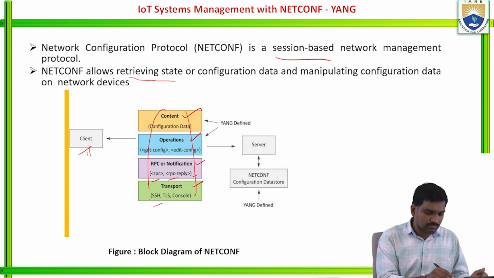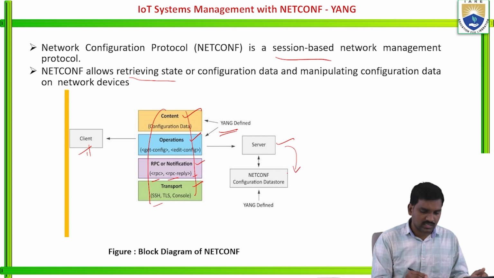These are the operations defined by YANG. Next is the server. From the server, it can connect to the network configuration data store. It is YANG defined. So this is the basic diagram of the network configuration protocol.